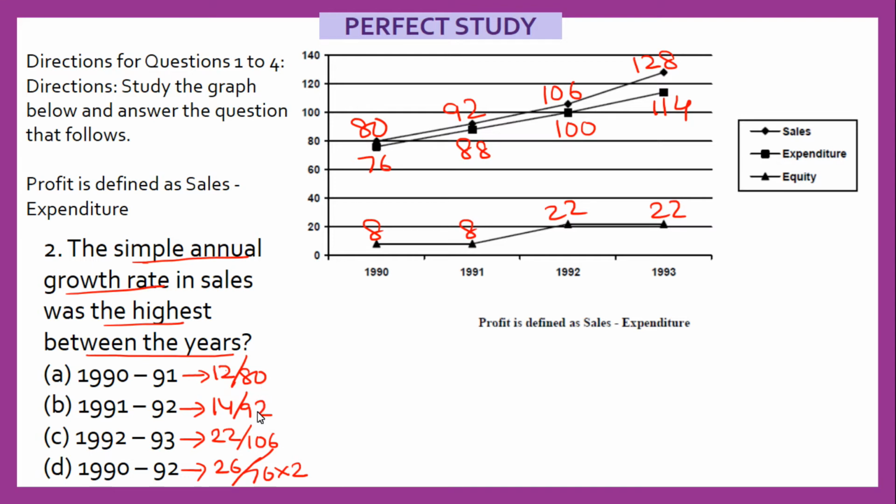But the increase in denominator is 12, and 12 out of 80 is going to be 15%. So my denominator is increasing by 15%, but numerator is increasing by 16.6%. That means, as I told you earlier, the rate of increase in numerator is more, so the fraction value will be higher. So option A cannot be the highest.